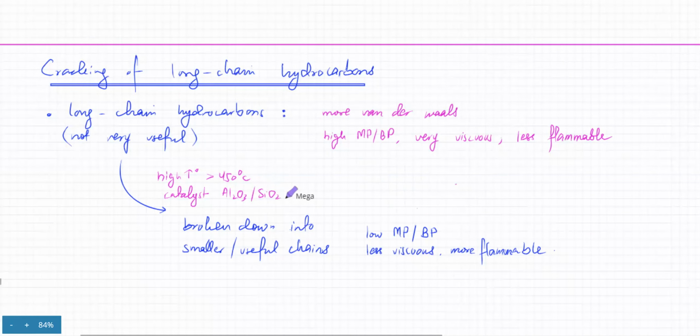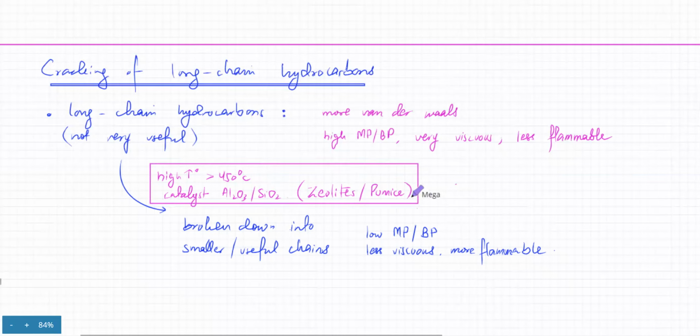It could be any one of them, or it could be both. Usually, where do you get Al2O3 and SiO2? You get it from rocks, minerals that are called zeolites, and there's another one which is called pumice. So these are the conditions for cracking of long chain hydrocarbons.